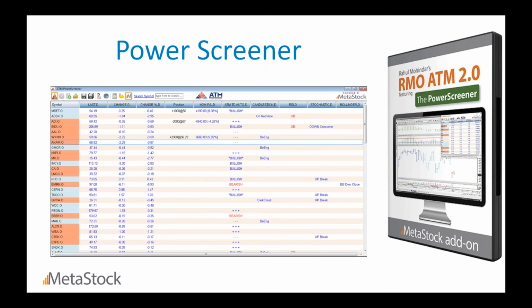It also works with our DC data. It works with either MS Local, which is the new data format that we just launched for MetaStock, or MS Legacy, and it's a really cool view. It's something that Rahul worked with his programmers to put together for the ATM product, and it's very unique. We don't have any other products that do anything like it, so he did a really good job with that.